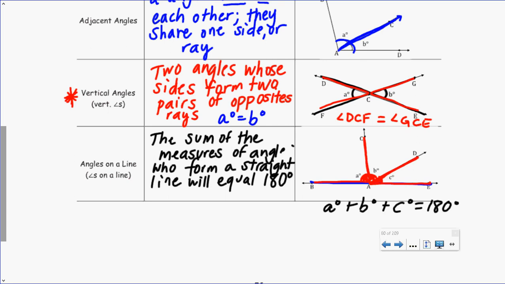The last one on page 76 is called angles on a point.